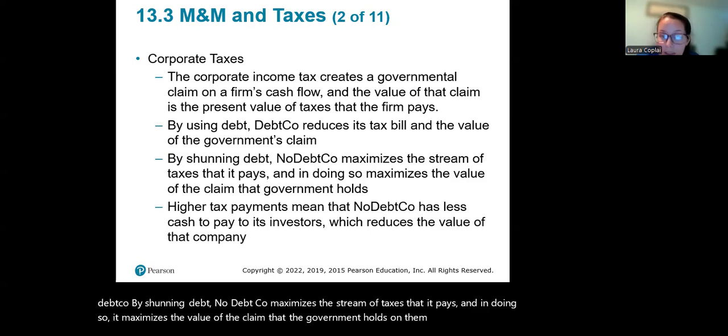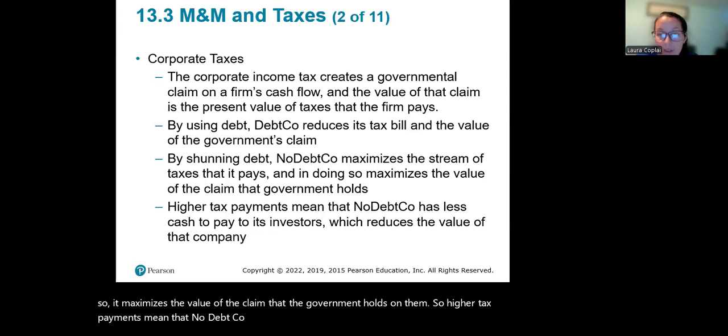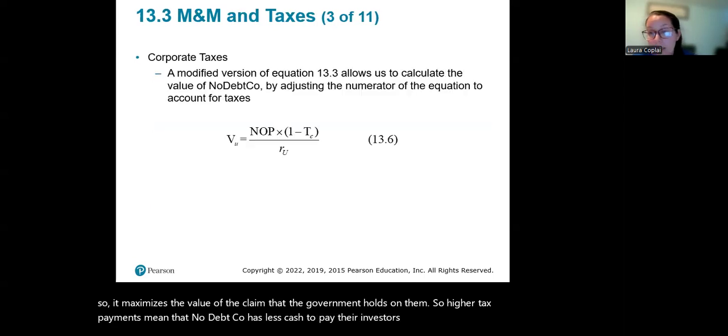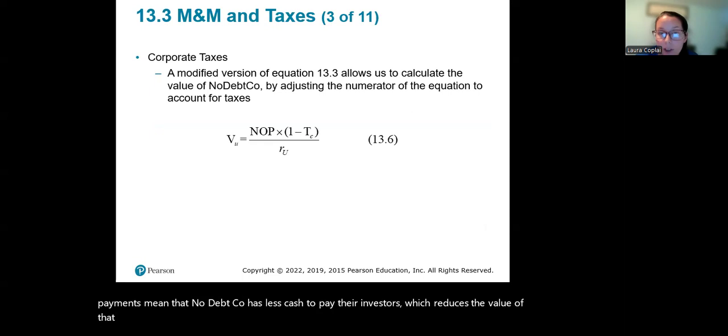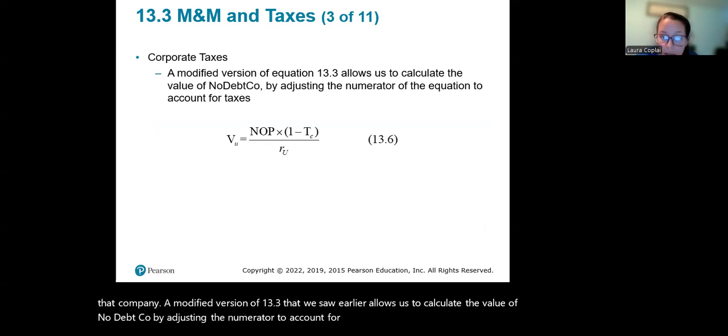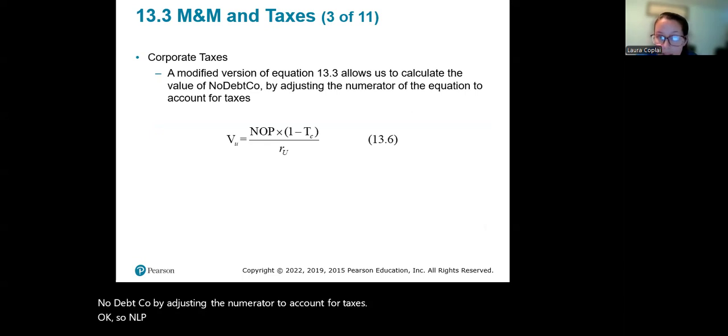So higher tax payments mean that NoDebtCo has less cash to pay their investors, which reduces the value of that company. A modified version of 13.3 that we saw earlier allows us to calculate the value of NoDebtCo by adjusting the numerator to account for taxes. Okay, so NOI times (1 minus T), where T is the tax rate, divided by R, the rate.